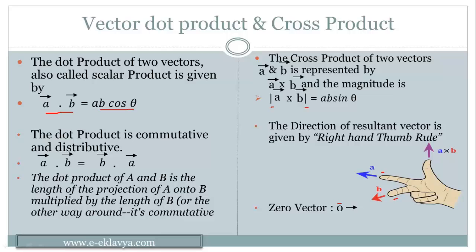So for example, if you subtract two vectors of equal magnitude, the resultant is a zero vector. It has a mathematical significance. So that marks the end of the concept of vectors and scalars.